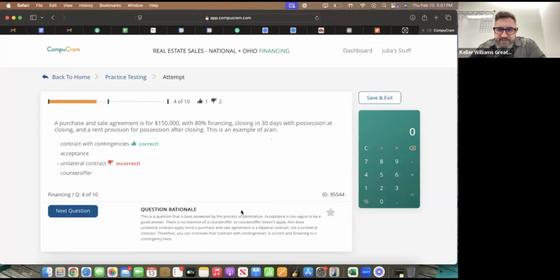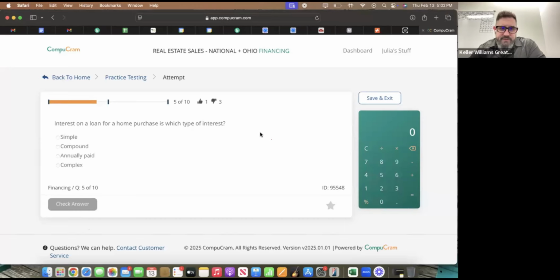Therefore, you can conclude that the contract with contingencies is correct and financing is a contingency here. So, kind of splitting hairs, but A is the most correct answer, even though acceptance is correct but too vague. So sometimes you got to pick the best answer, not just the right answer.